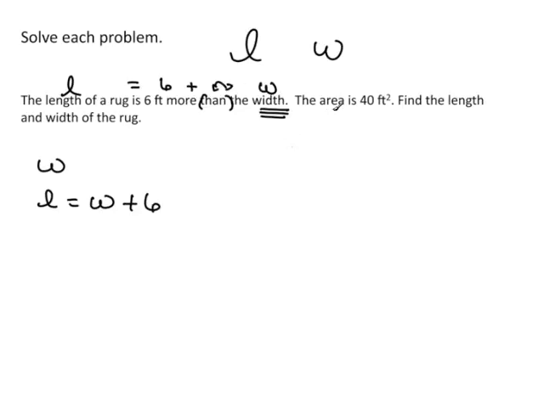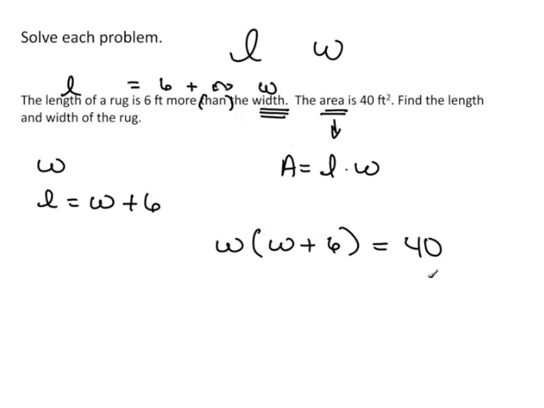So we know that the formula for the area of a rectangle is length times width. So the area is equal to the length times the width. So we need to multiply the W, which is our width, times our length. In this case, it's going to be W plus 6, and that's going to equal 40.